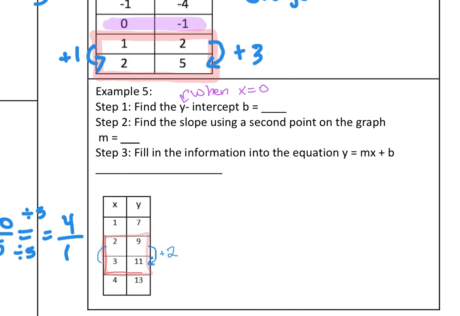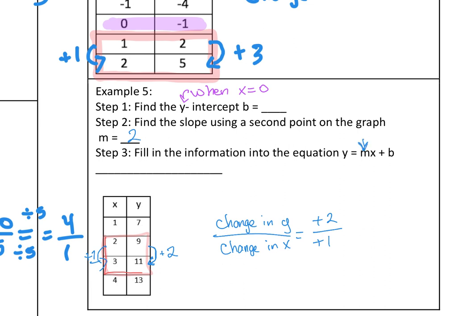Okay, from 2 to 3, we increased by 1. Okay, so our slope, so I'm going to put change in y over change in x, so that's a positive over positive. Okay, so our slope is 2. That's that value right there.